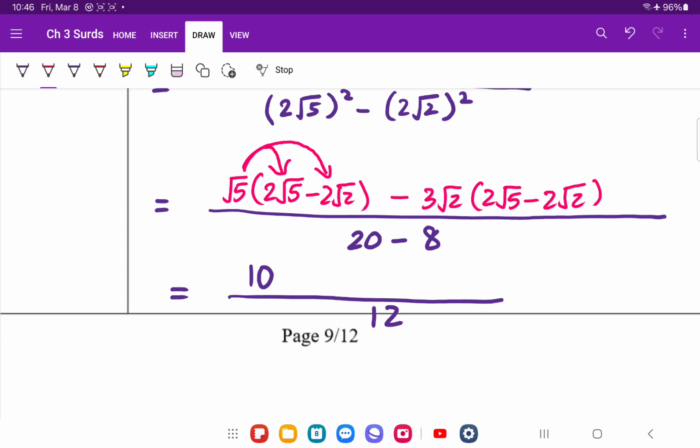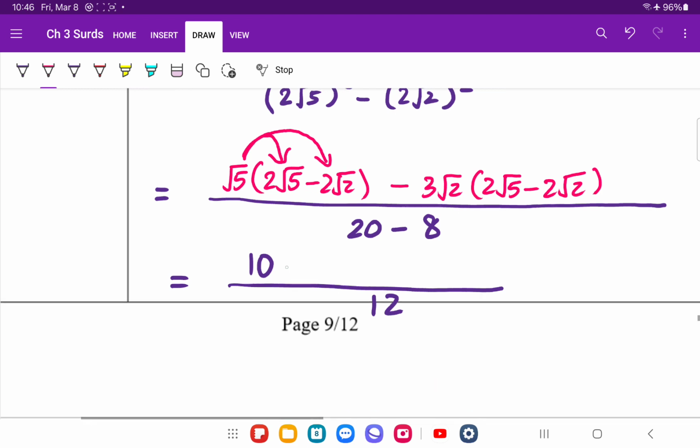Very good. Raghu, can you explain how you get square root 10? 5 times 2, right? But what about the negative 2? Where do I place it? Outside, very good. So it's negative 2 square root 10.